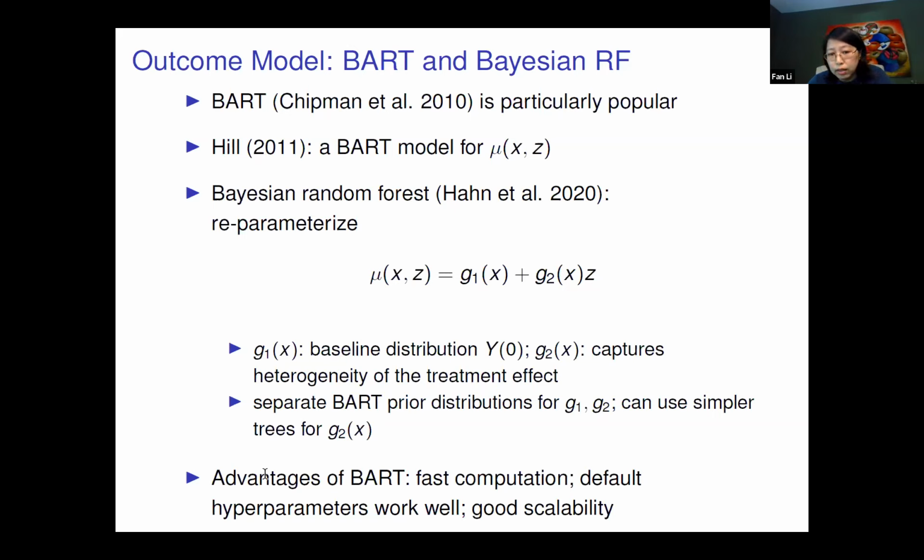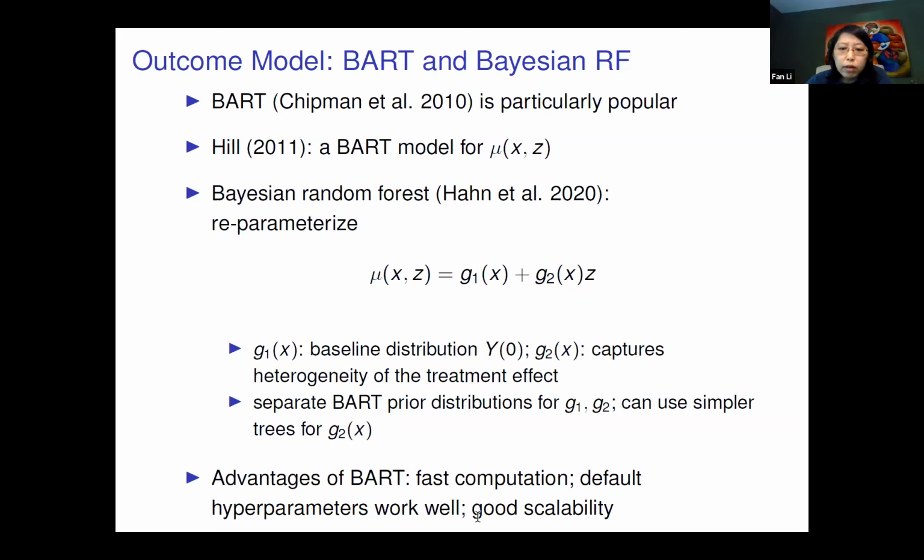BART has been very popular because of its relatively fast computation, which in the Bayesian domain is pretty fast. They also find that the default hyperparameters work pretty well, so that in a sense avoids hyperparameter tuning, which can be a real nuisance for applied researchers.